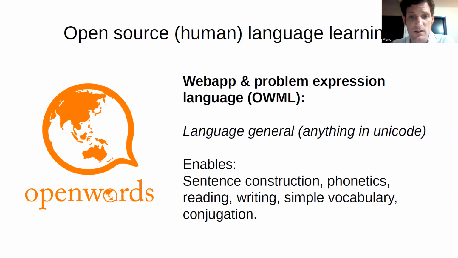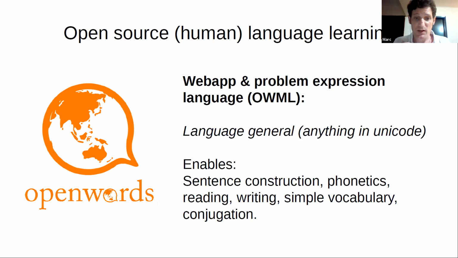Openwords has built an alpha web app, and as I mentioned, this problem expression language, or OWML, Openwords markup language. Openwords is language general. Any language that you can represent in Unicode, which is basically any one, you can represent in Openwords.